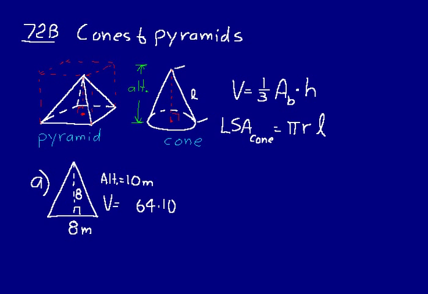Now the volume is going to be 1/3 of that though, because it's a pyramid, not a prism. So we're going to do 1/3 of that value. And so we'll do 640 divided by 3. And that's about 213.3 repeating. So let's just round it to 2 decimal places.